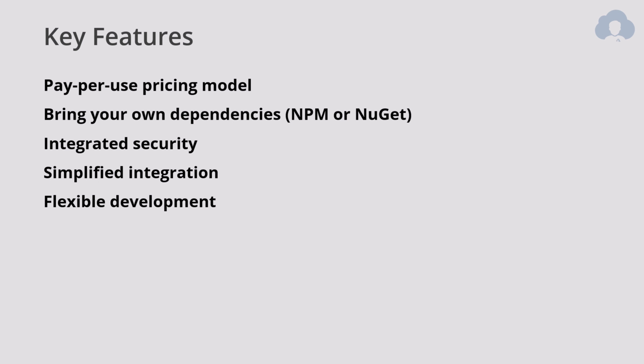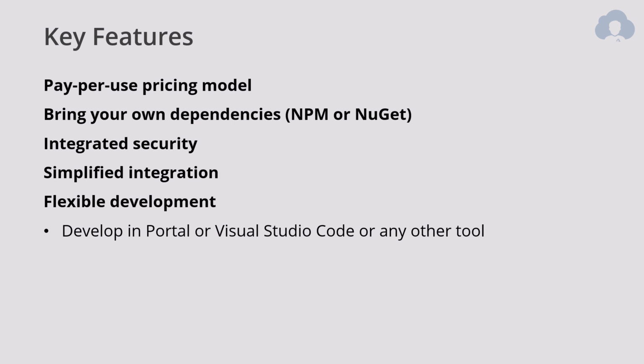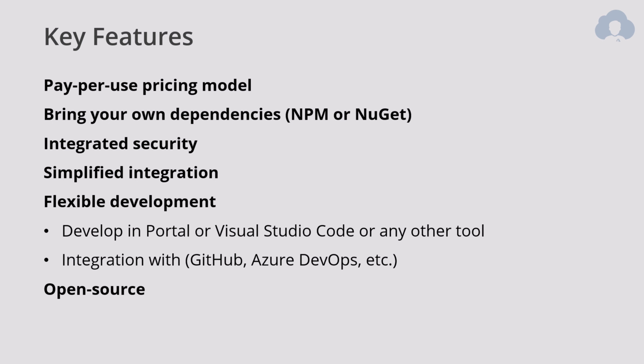You have flexible development because you can develop in the portal or maybe Visual Studio Code or any other tool in that matter. But also you have integration with GitHub, Azure DevOps and other external repositories. And this is again one of the key features that came from this being an extension to the app service. And lastly, this is open source because the entire SDK for functions is open source, so you can find it on GitHub.